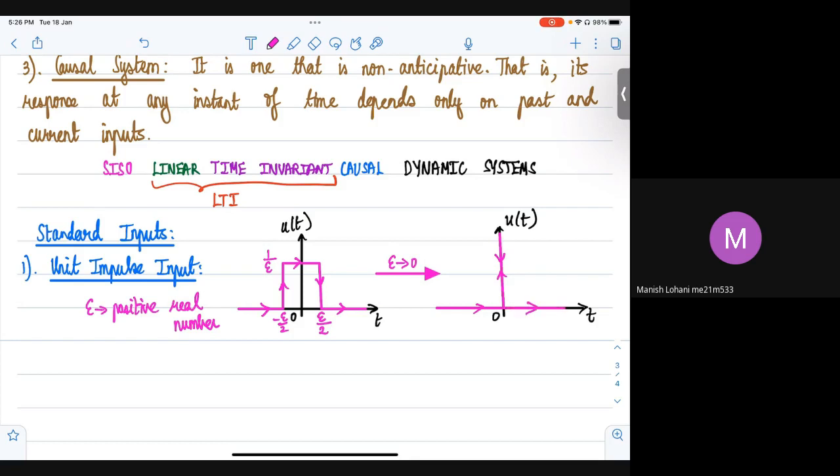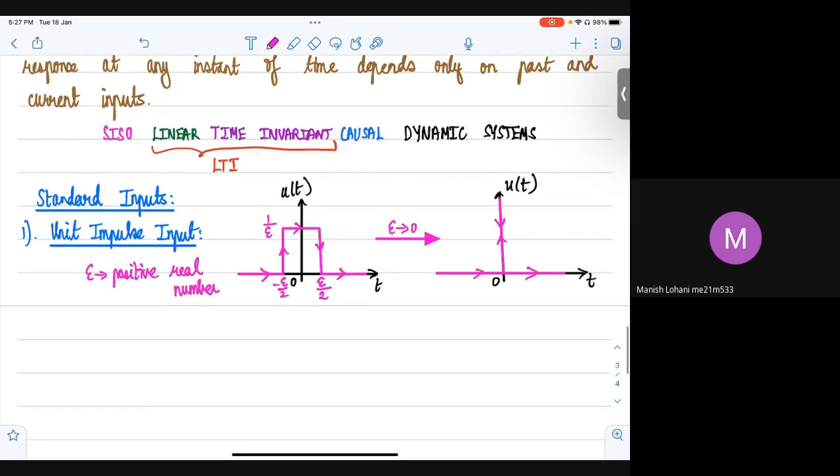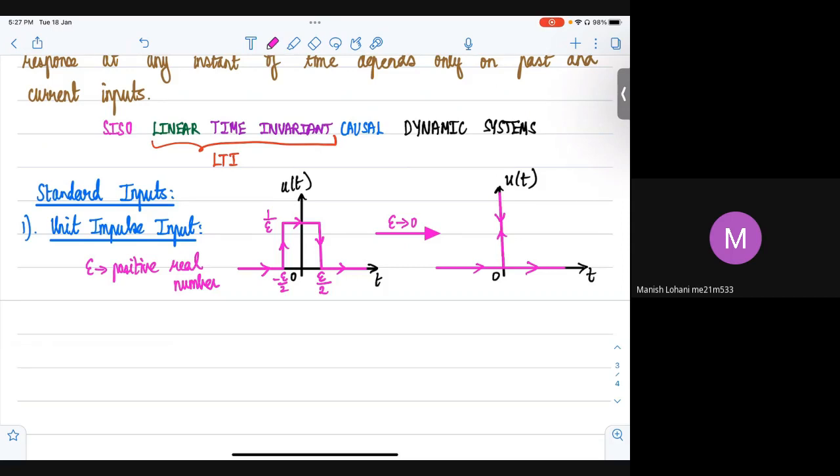Imagine an ideal signal like this, which is what you get if you shrink epsilon to 0. Visualize that we are shrinking epsilon to 0. Then the width of the signal keeps on decreasing to 0, while the height, which is 1 by epsilon, will go to infinity. So this is what is called a unit impulse input.